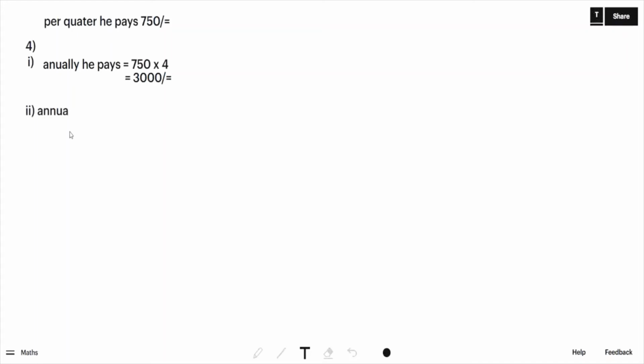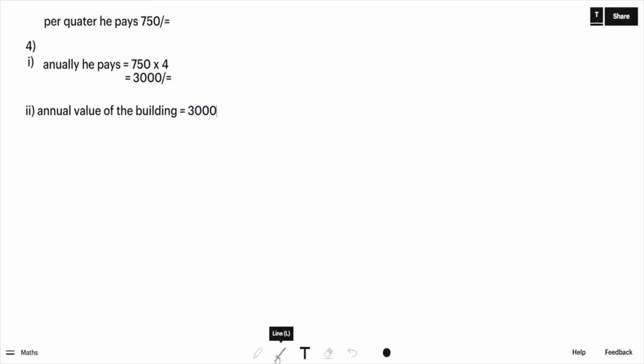They are asking the annual value of the building. We know 3,000 rupees, which is the assessment tax, is 15% of the annual value of the building.